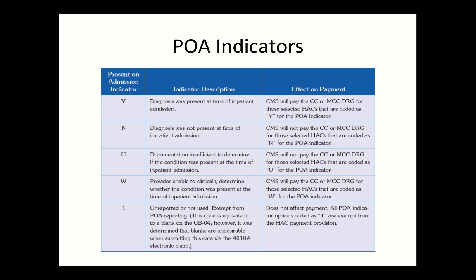However, CMS will still not pay the CC or MCC DRG for those selected HACs. This is one reason why proper documentation is important for receiving adequate payments. A W is for clinically undetermined and indicates that a provider was unable to clinically determine whether the condition was present at the time of inpatient admission.